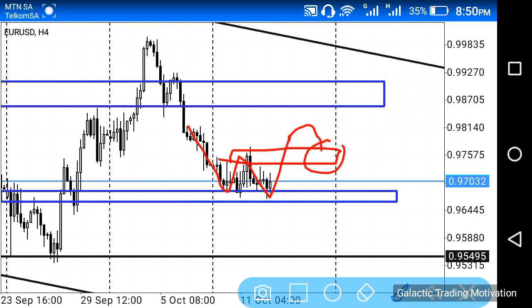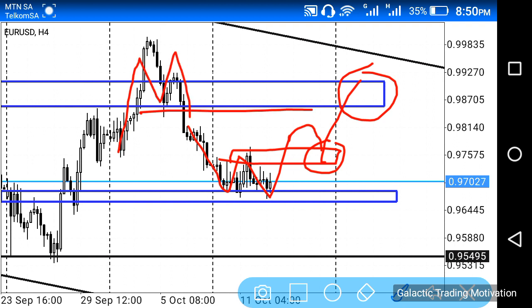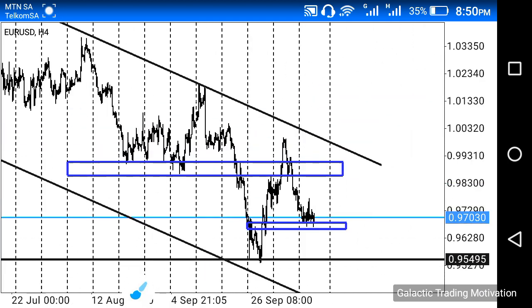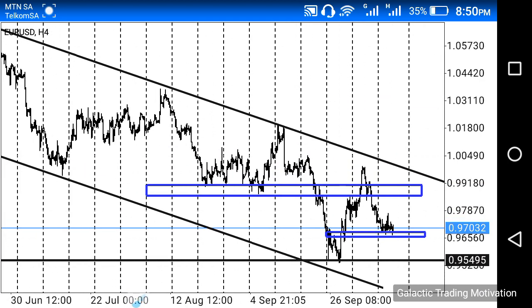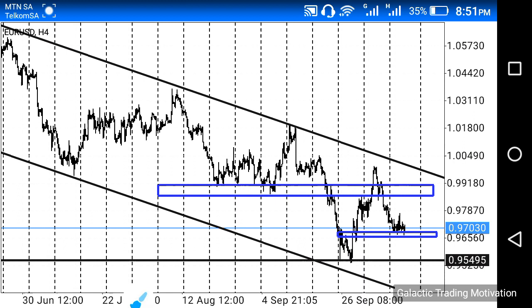And at this point is where I would look for potential buying opportunities, and my take profit would be this point over here. And at this point again, I would look for potential selling opportunities, and that is because number one, we have this M structure which has a neckline at this point, and number two, if I can just zoom out, the very same area is the neckline of that huge M structure that I spoke about.